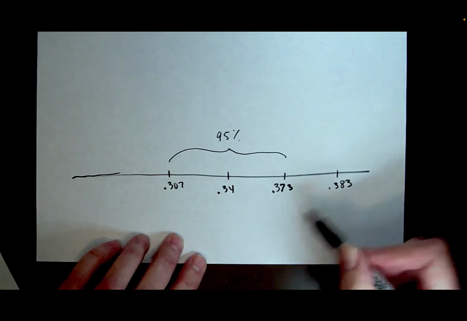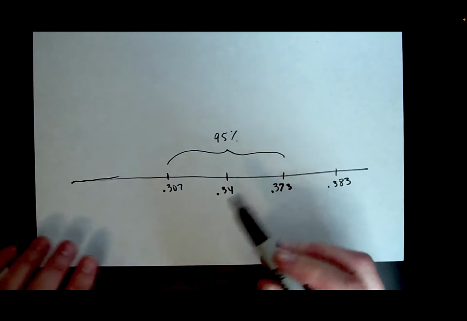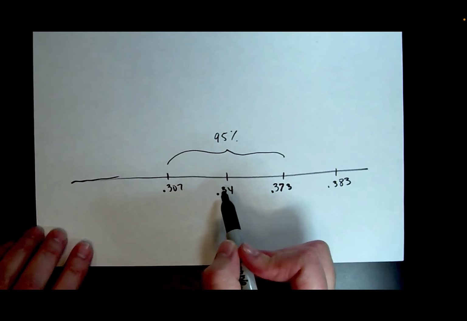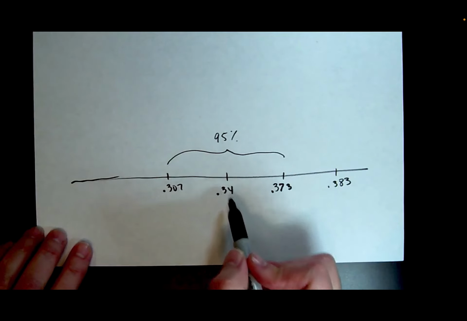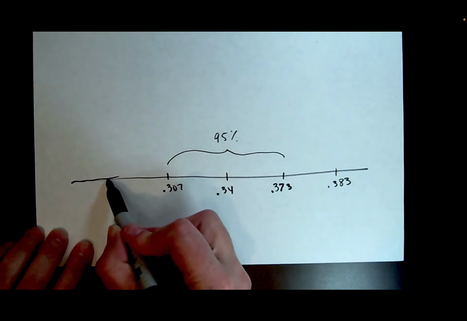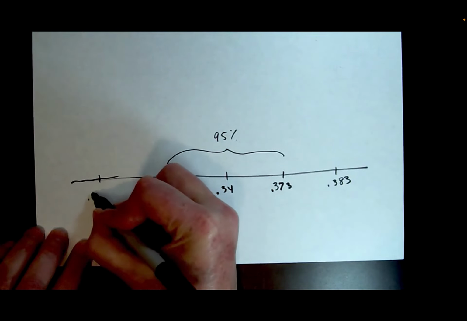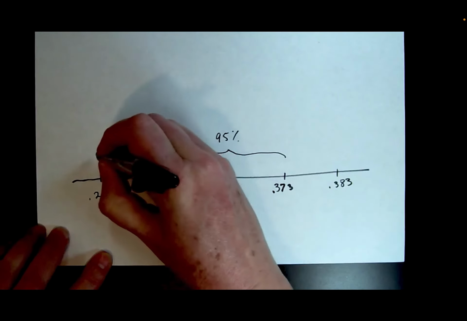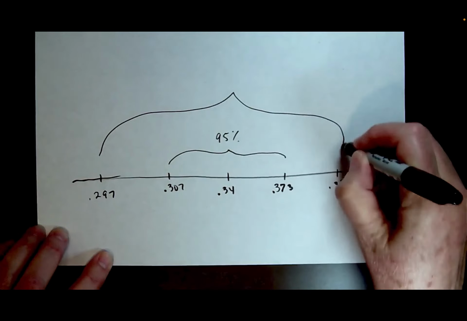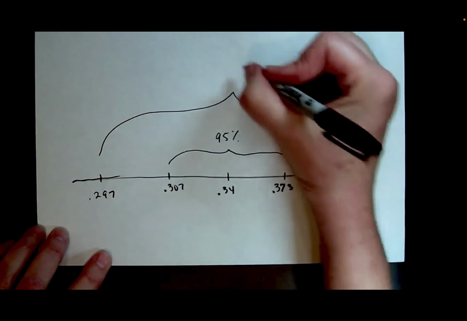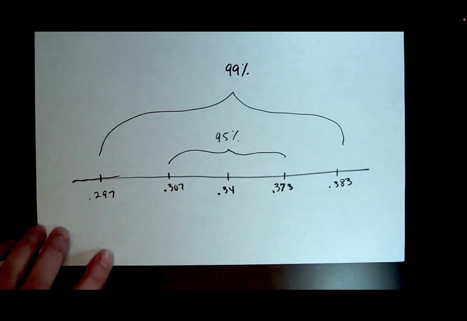Okay, so this is the larger margin of error to the right. If I go 0.043 to the left from 0.34, I'll get down to about there, 0.297. That's then the confidence interval that you would have for 99% confidence.